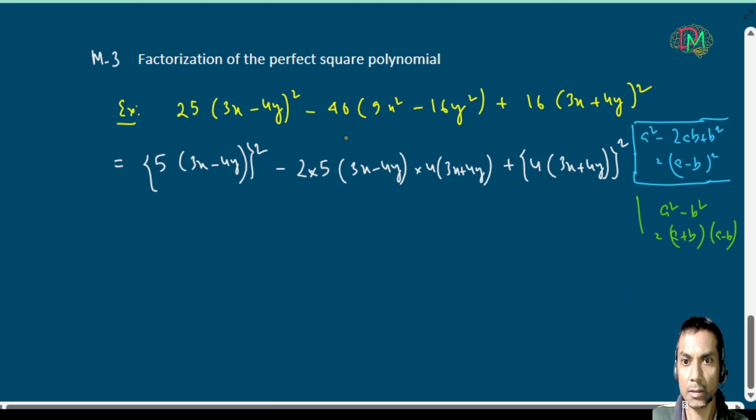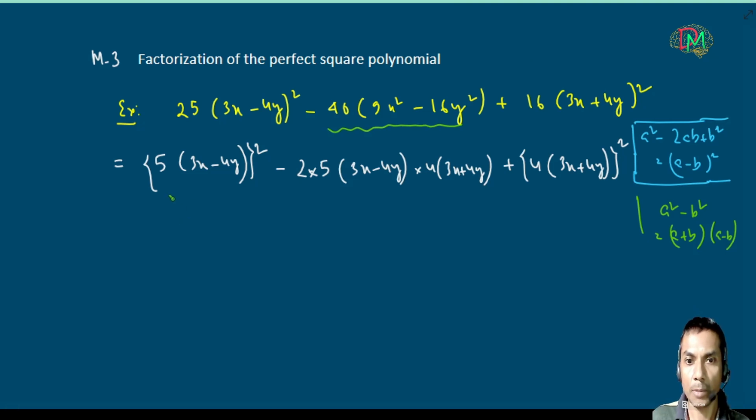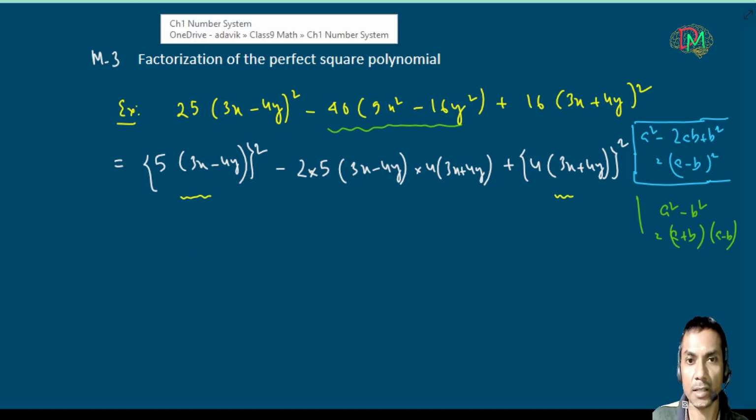So we have done this one first, next this, and put the value inside so that we can check whether it matches or not. Otherwise, you have to do another step. Clear? You can do this step directly. Clear?